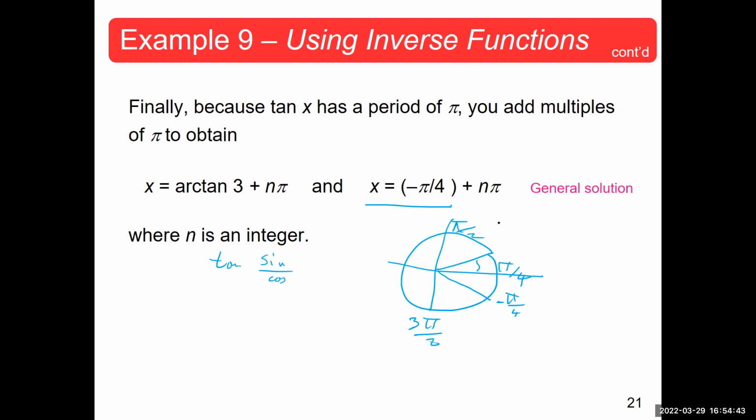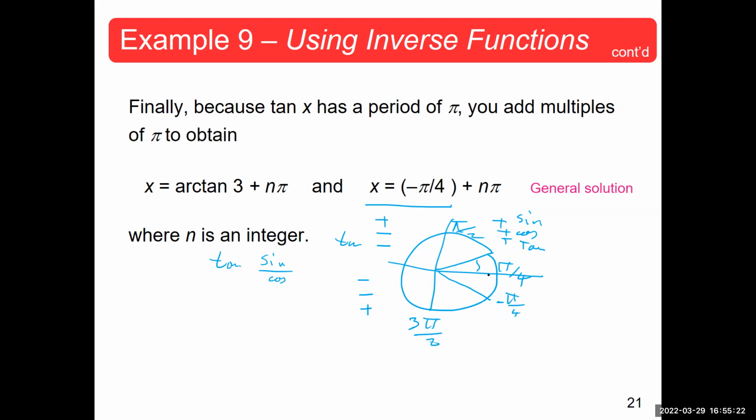Remember, in this quadrant sine, cosine, tangent are all positive. On this side the sine is positive, the cosine is negative, so the tangent is negative. Here, the sine is negative, cosine is negative, then the tangent is positive.